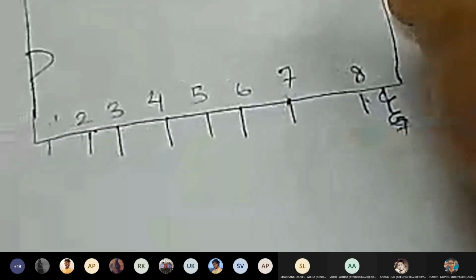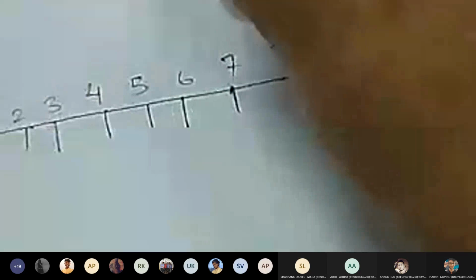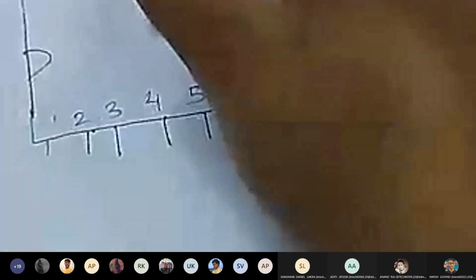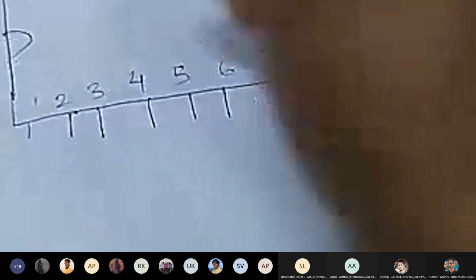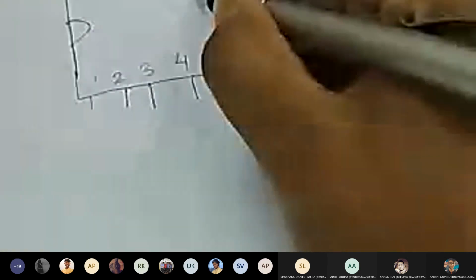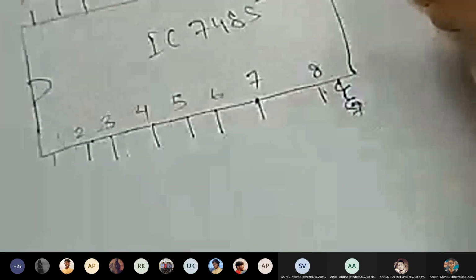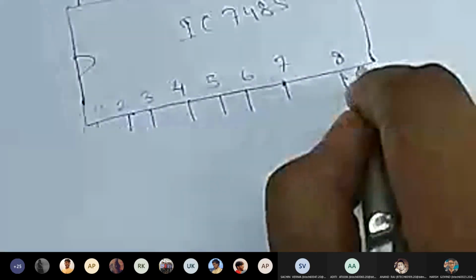Then 9, 10, 11, 12, 13, 14, then 15, and this one is your 16. So here 8 and here 8. This IC 7485 has 16 pins, that means 16 legs.